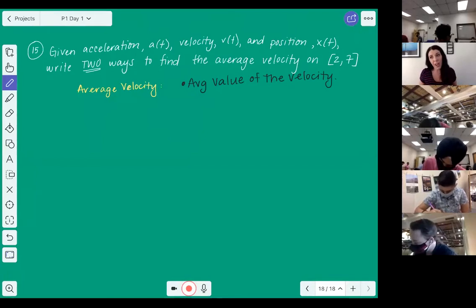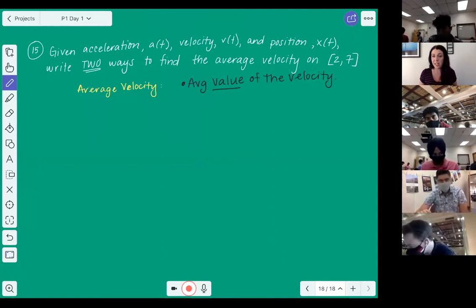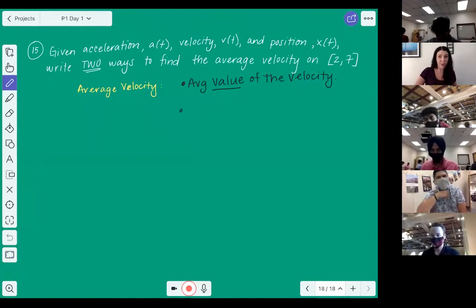They just don't put the word value in there, but that's what that would be. An average of something really is secretly the average value of that something. So average velocity means the average value of the velocity. Does anyone know another kind of average, hint, we only have 2, that could also find the average velocity?